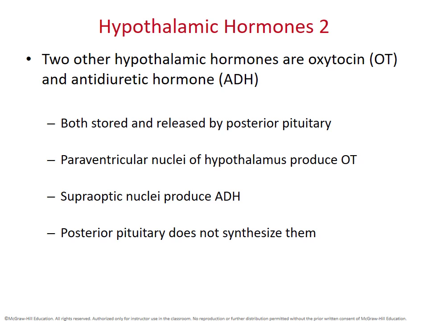Technically, these are hypothalamic hormones, because they're actually manufactured by the neurons whose cell bodies are up in the hypothalamus. So they're released by the posterior pituitary, but they're manufactured in the hypothalamus. So technically, we have to consider them hypothalamic hormones, even though they're released and stored by the posterior pituitary.